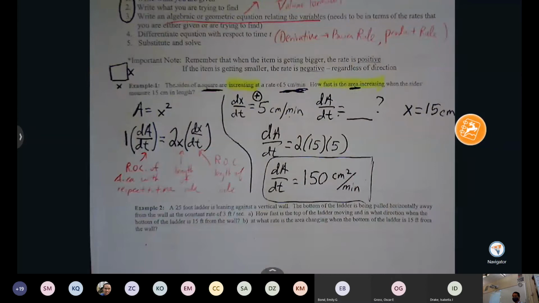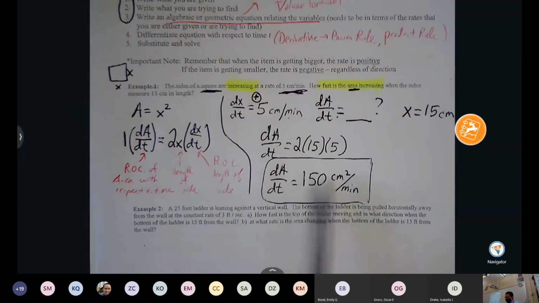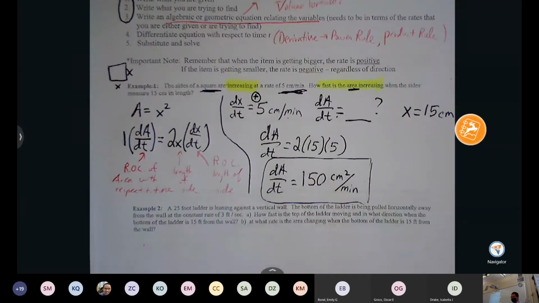Okay, questions there? Notice that we don't do centimeters per minute squared. That's something else, that's acceleration. But here, centimeters squared per minute. We want to match the appropriate unit with what's involved here. All right, any questions? Are we okay with number one?